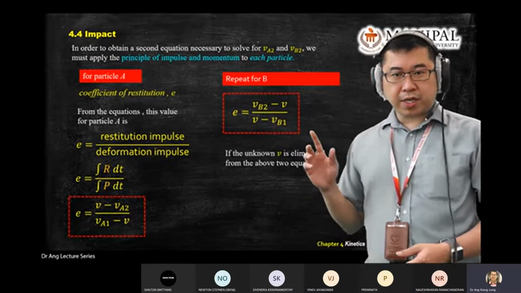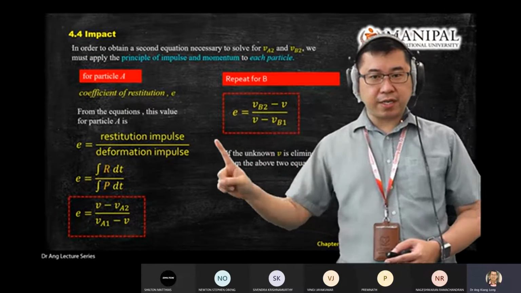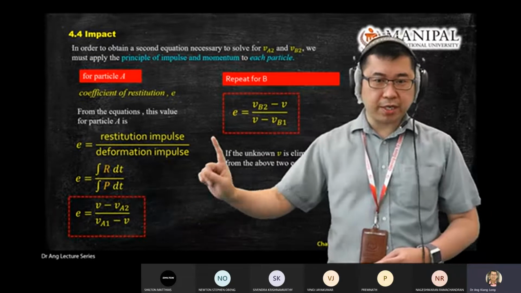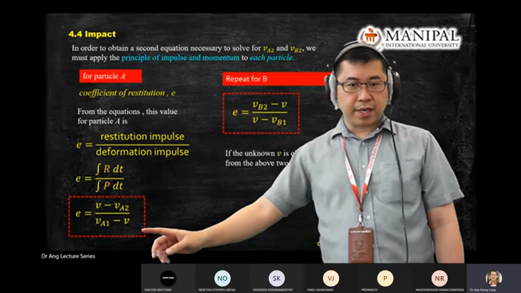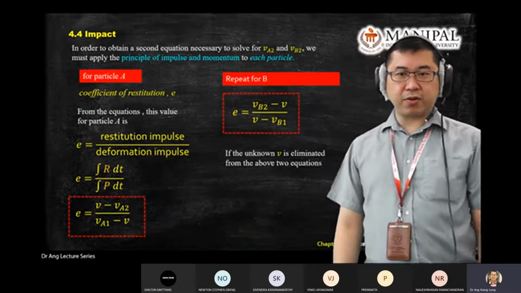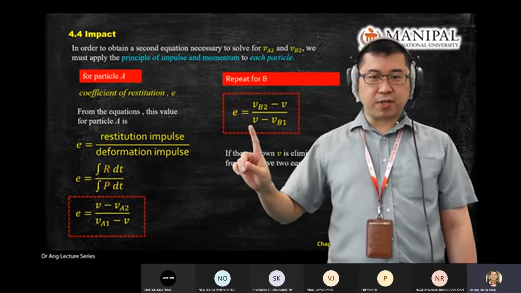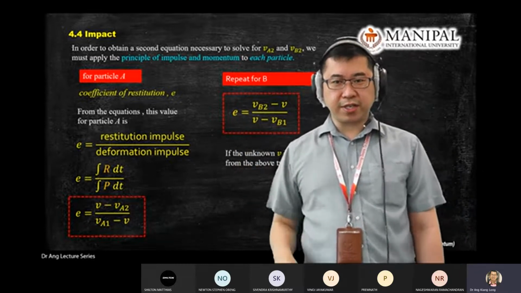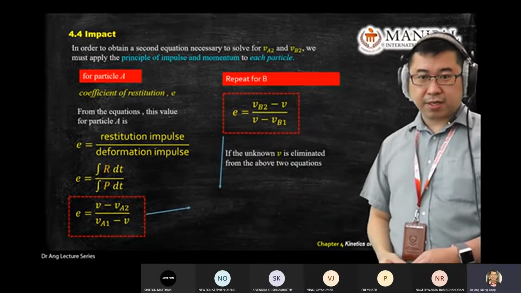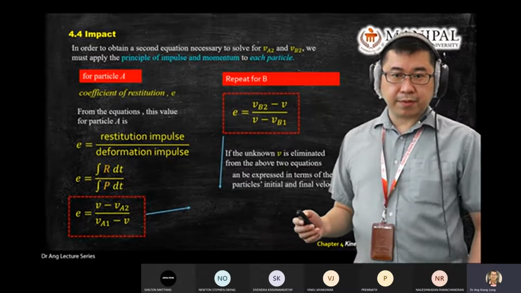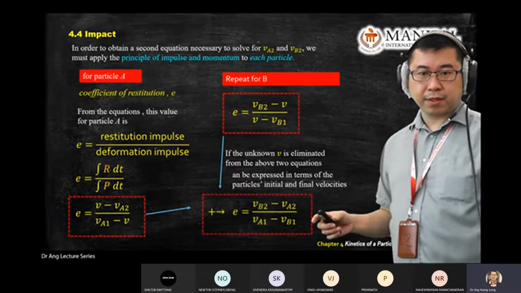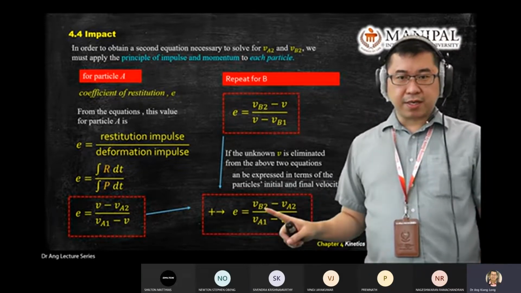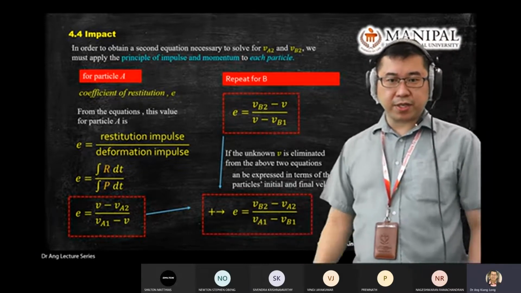So if the unknown V is eliminated from the two equations here, how you eliminate? This one equal to this one. So you take this one equal to this one, rearrange the equation, cancel out the V. You arrive at this final equation.